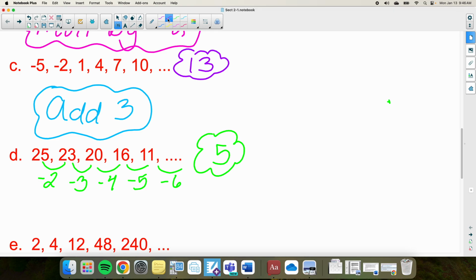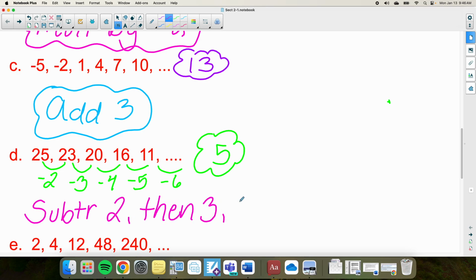And then our answer for that would be one of those that's a little bit harder again to explain. So this time I would say subtract 2, then 3, then 4, etc.